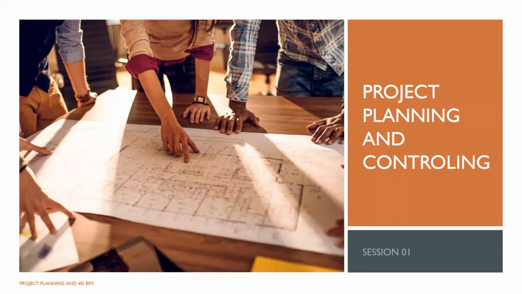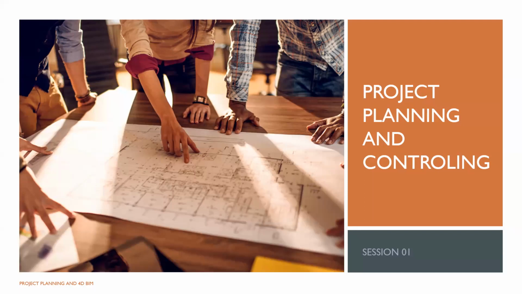So today we are going to start our first session regarding these project planning and controlling sessions. As I described in these introductory sessions, the first part includes the project planning and controlling concept and the application of MS Project and Primavera. That is the first phase, and we are going to conduct it in nearly 5 to 6 sessions.